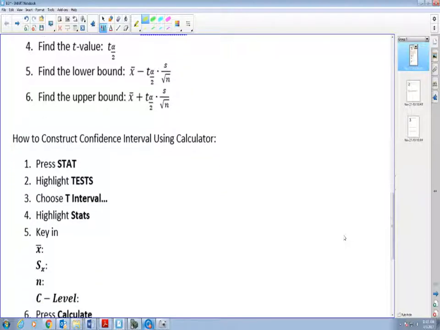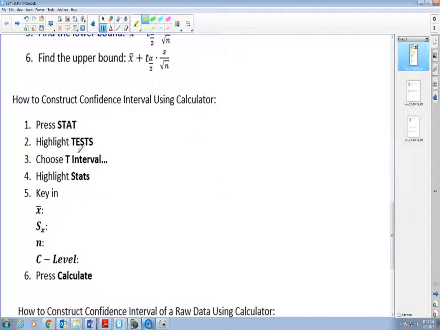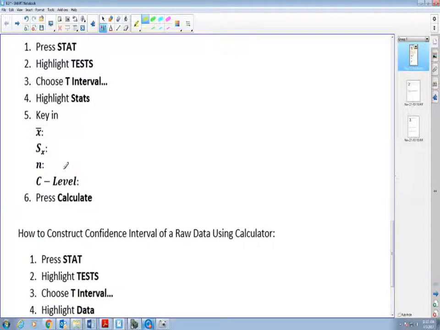To do it in a calculator, this time rather than going to z interval, we're going to go to t interval. The things we type in are my point estimate and the sample standard deviation. You've got to watch that word very carefully. That's how you distinguish a problem from section 8.3 versus a problem from section 8.1.